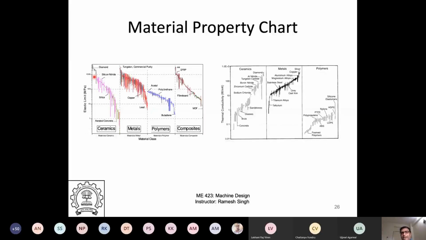So compression, they are very good. They will have very high both E and sigma y, but the moment you put it in tension, the crack propagation can take place because inherently these are made by a process called sintering. So these are powder by nature, and to this powder you have basically provided some bonding agent and fired it to create a solid piece for you.